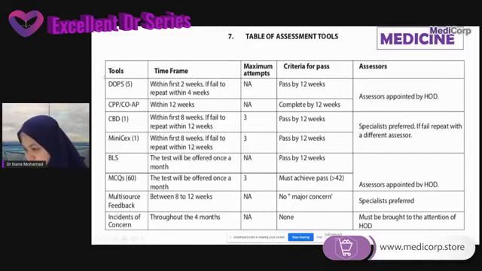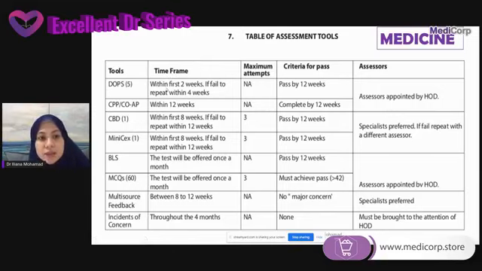Okay, so let's see. DOPS, directly observed procedural skills. 5 means you have 5 DOPS. We'll see the list of procedures for medicine a little bit later, okay. So as we discussed before, the time frame is within the first 2 weeks, okay.